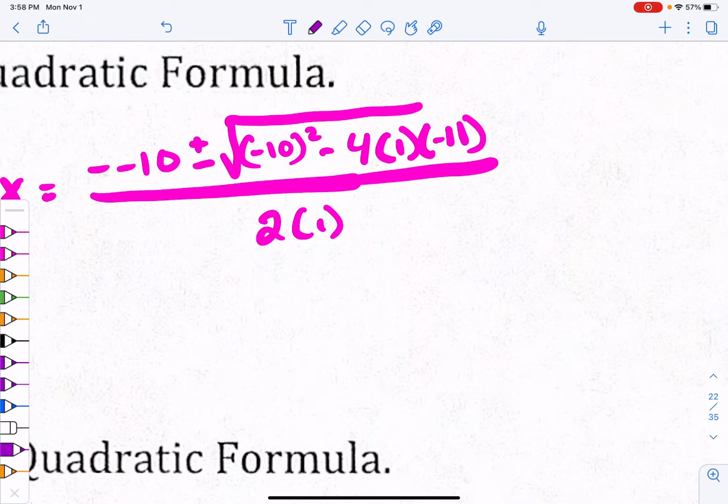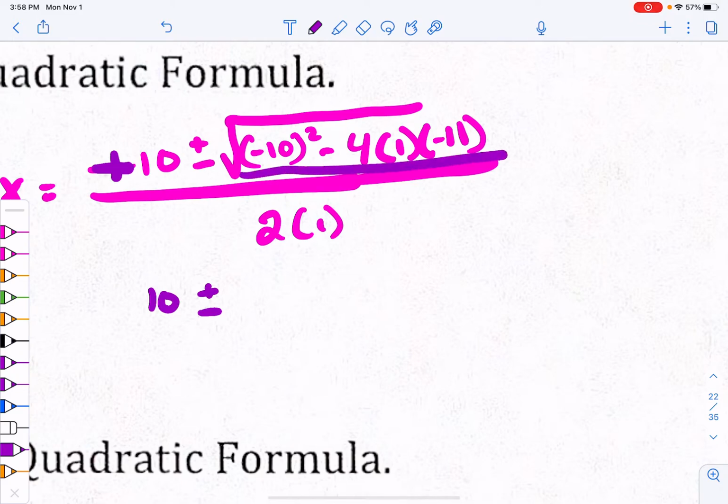So let's get some simplification done. Minus a negative 10 is going to be plus 10, so this is 10, plus and minus, and then let's simplify some stuff inside of here first, okay? So negative 10 squared, negative 10 times negative 10, that's going to be 100, okay? Negative 4 times 1 times negative 11, that's going to be positive 44.